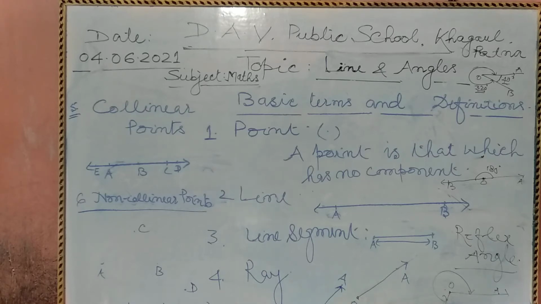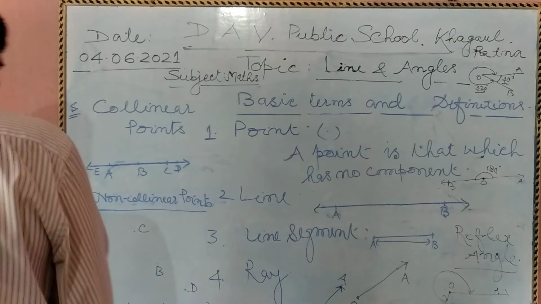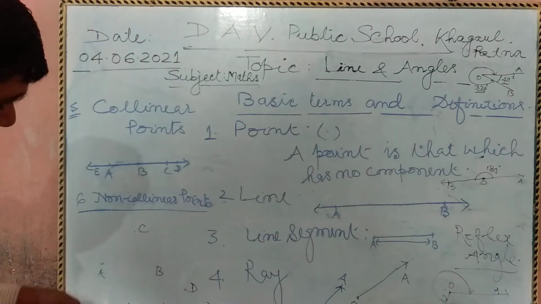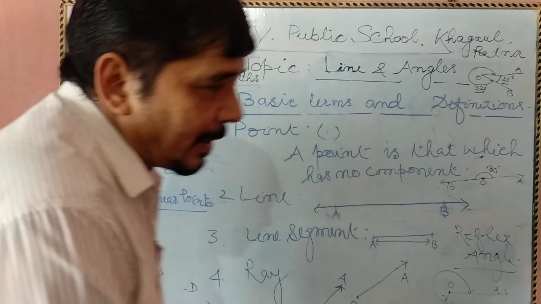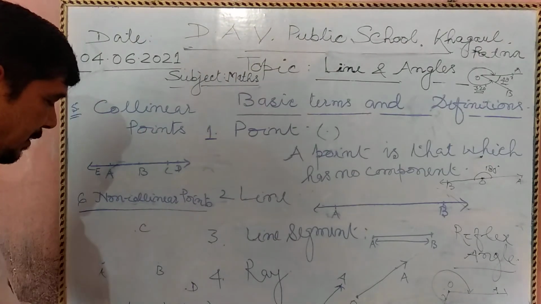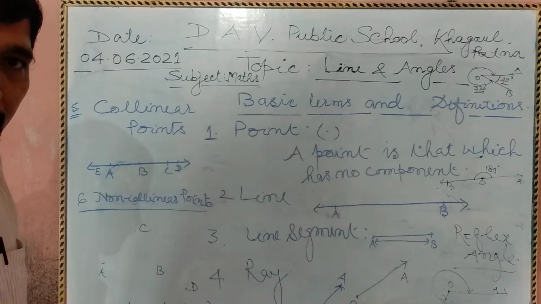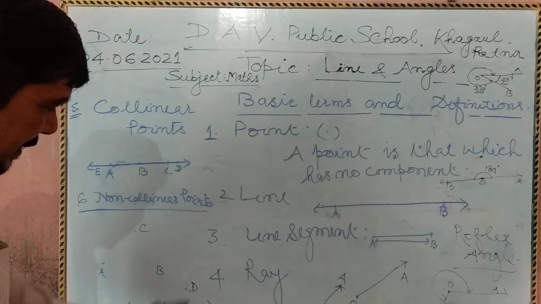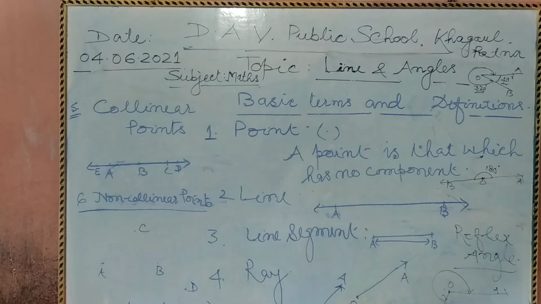Non-collinear points are the points which don't lie on the same straight line. Suppose I am taking point A here, B here and C here. So A, B, C, they are said to be non-collinear points. Okay? Here, that is a line, A, C, B are on the same straight line, so we can say A, C, B are collinear points, and points B, D, F are non-collinear points which do not lie on the given straight line.